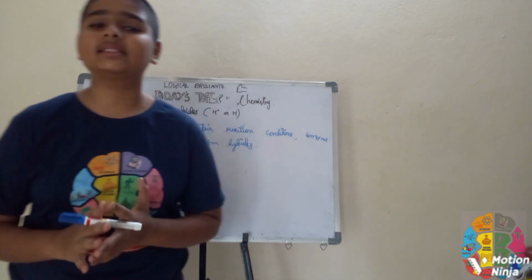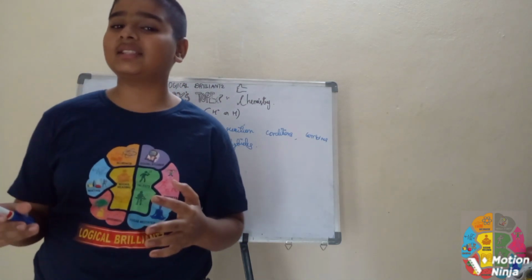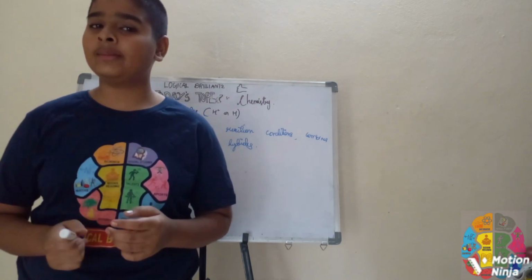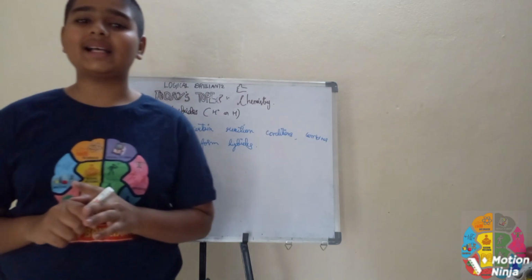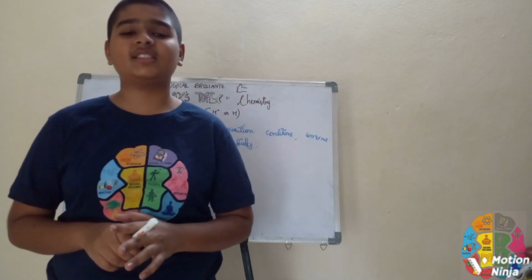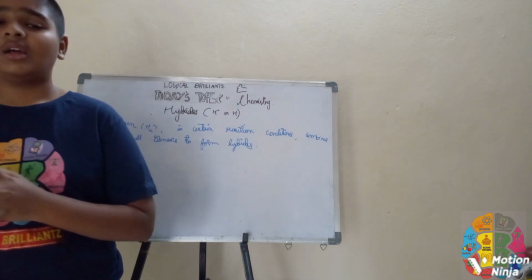Noble gases are group 18 elements. For example, helium, He, neon, Ne, argon, Ar, etc.